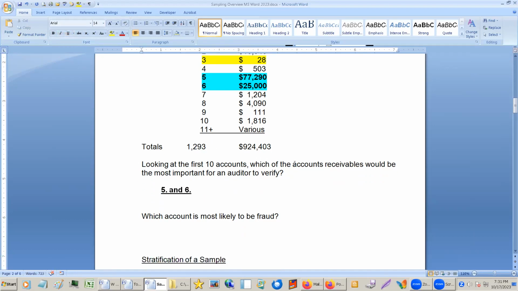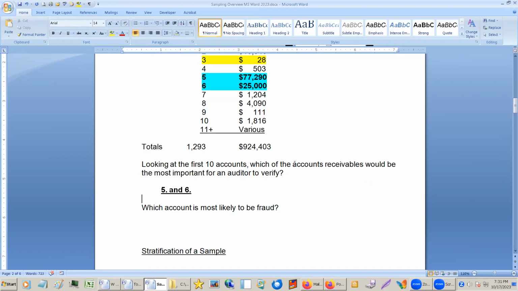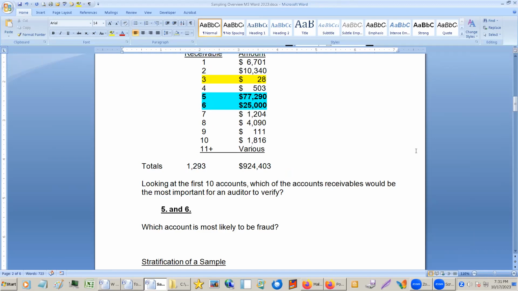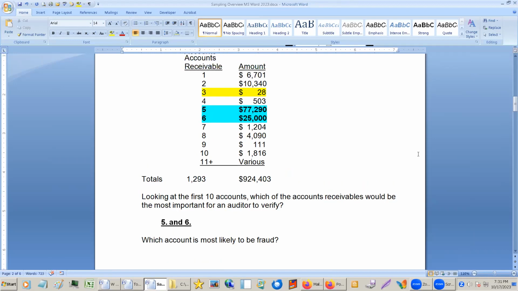Which of the accounts is most likely to be fraud? Kind of an odd one. Which account is most likely to be fraud?